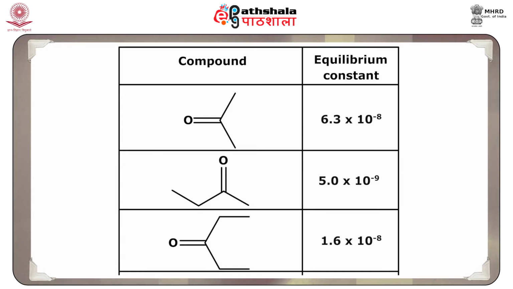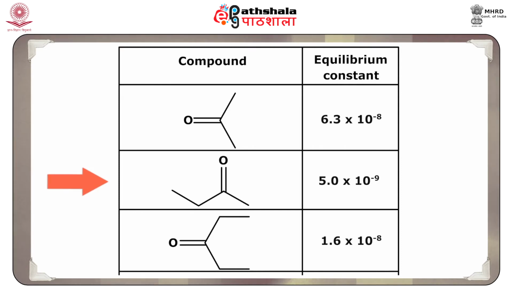So if we take them one by one, here this equilibrium constant K is representing the ratio of enol form to keto form. So you can see for acetone, the equilibrium constant is 6.3 × 10⁻⁸, and for 2-butanone, this value goes to 5.0 × 10⁻⁹.